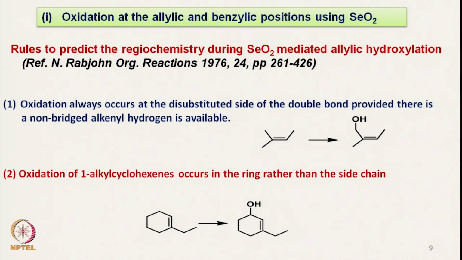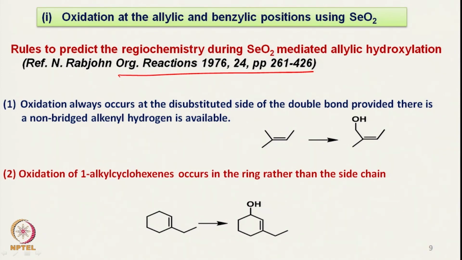The first one that we take is oxidation at the allylic and benzylic positions using selenium dioxide. There are certain rules published in Organic Reactions in 1976, which is what is generally observed when the reactions are carried out.